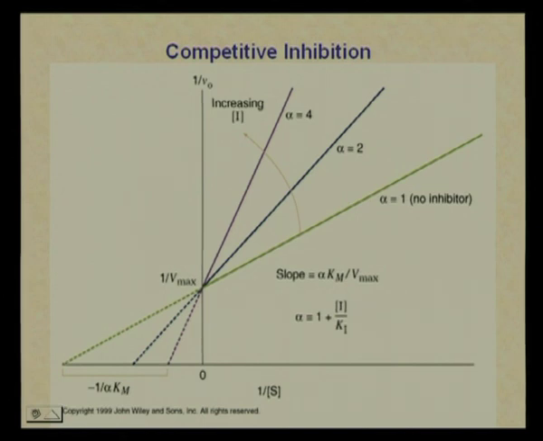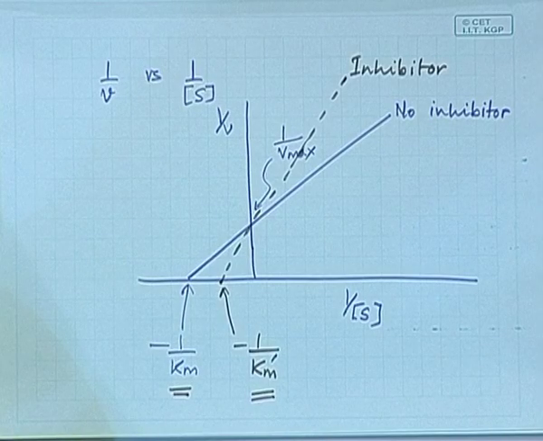So, what are the features of competitive inhibition? The substrate and enzyme complex is formed, and the inhibitor is competing for the same site, right. In the event of this, what is happening? The Vmax is the same. The maximal velocity can be the same.